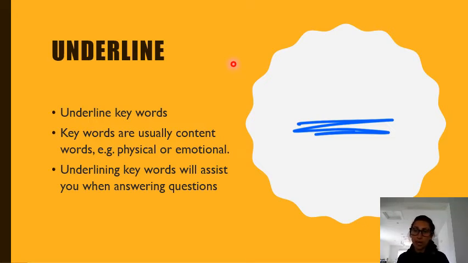If you're halfway through the exam and you think, oh my God, what is it asking me to do? I'm not too sure. You've underlined it. Take a second to just think back and go, right, this is what it's asking me to do. By underlining it will make you read the question again, but make you understand what it's asking you to do and how you need to answer it as well.